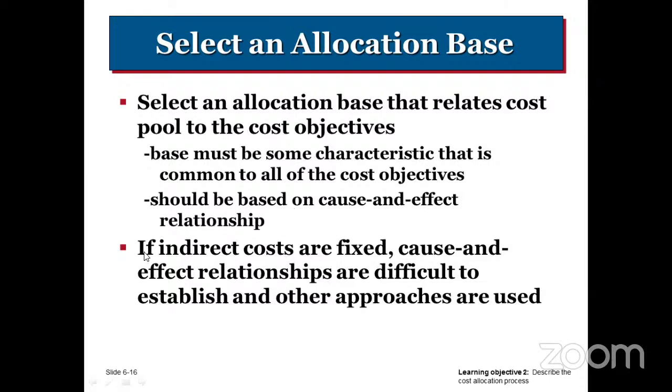If indirect costs are fixed, cause and effect relationships are difficult to establish, and other approaches are used. Sometimes indirect costs are already fixed, which means it's very difficult. Sometimes, I know your department has already slowed down, but this cost is fixed. More or less, you have to take a portion. You cannot say no, because everybody has to take a portion.